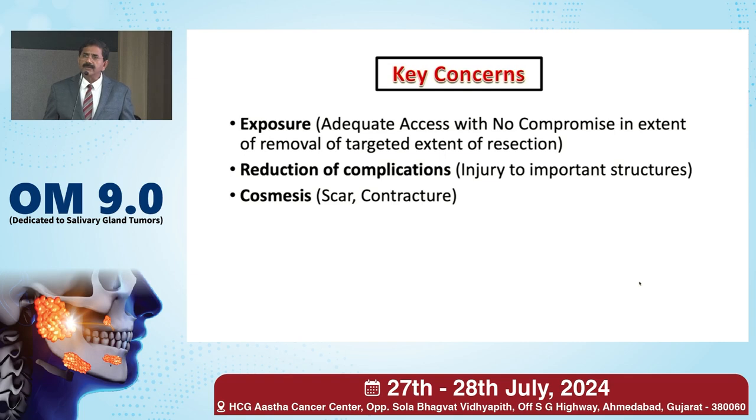That's why during your resection, the exposure has to be perfect. We also want to reduce complications like injury to important structures like the facial nerve, which is extremely important, and that's why your incision should be adequately placed so that you can preserve the nerve comfortably. And of course, last but not the least, is concern for cosmesis.